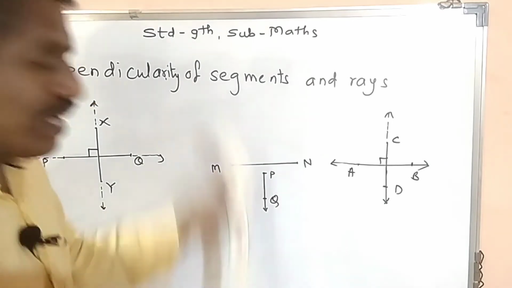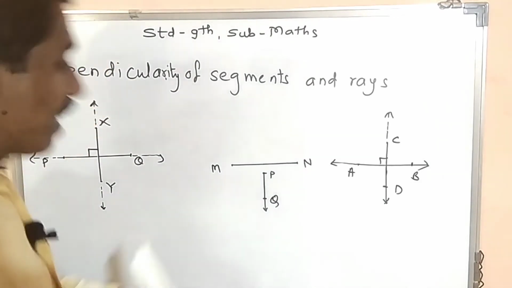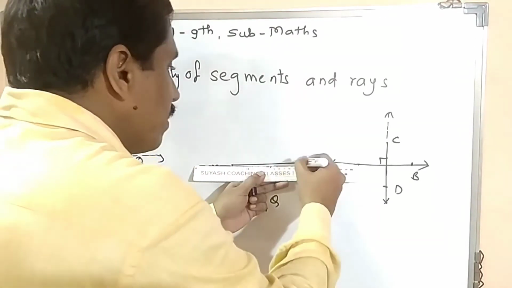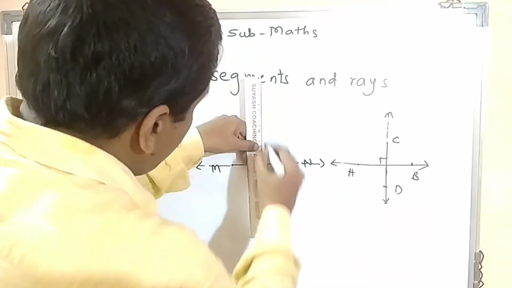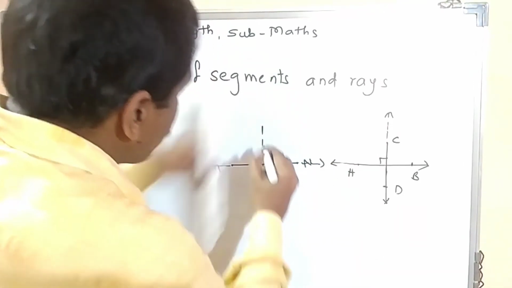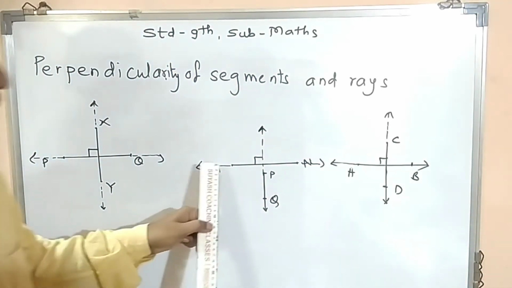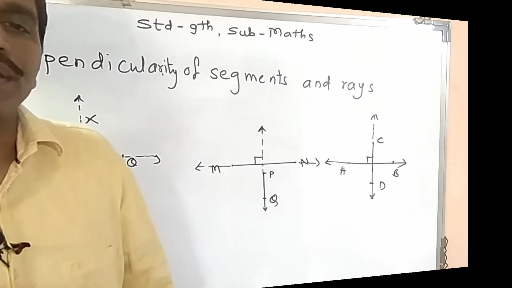Segment and a ray are perpendicular similarly: if the lines containing a segment and a ray are perpendicular to each other, then we can say this segment and this ray are perpendicular to each other.